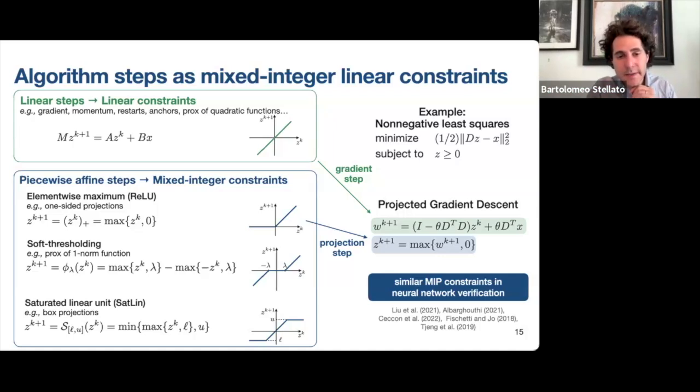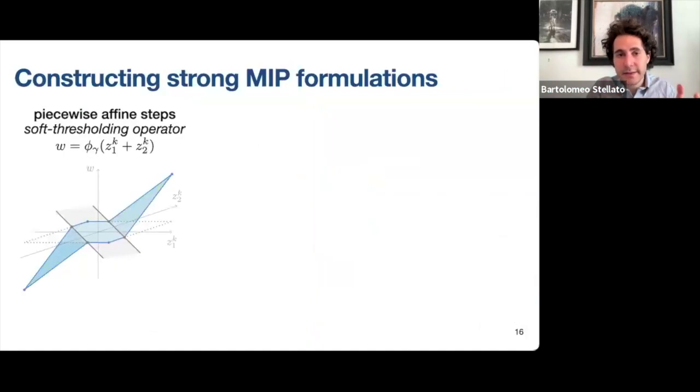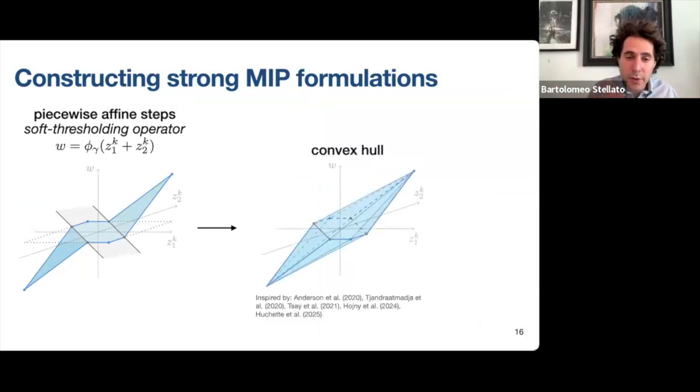So the first part is to construct tight, strong formulations. For example, if you look at the soft thresholding operator in high dimensions, it looks like this function here. And in order to solve these mixed integer problems at scale, we would like to construct formulations that closely approximate the convex hull as much as possible. We were able to extend formulations from neural network verification to these problems of verifying first-order methods.